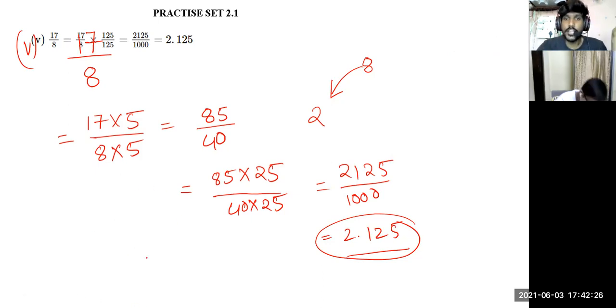If you think you're taking too much time in this method, you can do the long division method also. If you think you're taking too much time in finding multiples of 10 or 100, go for the division method.